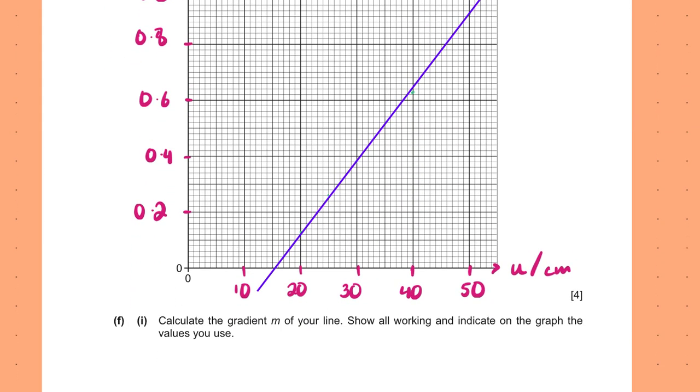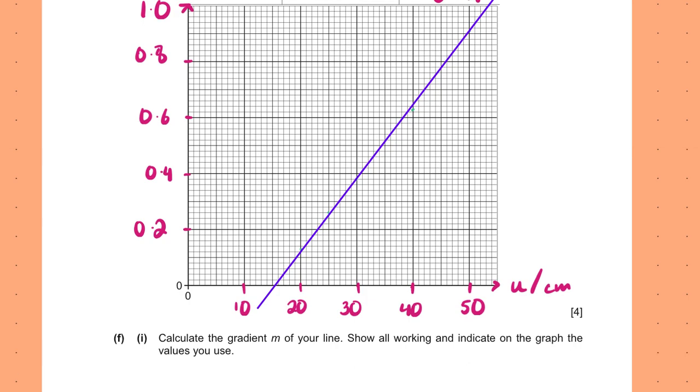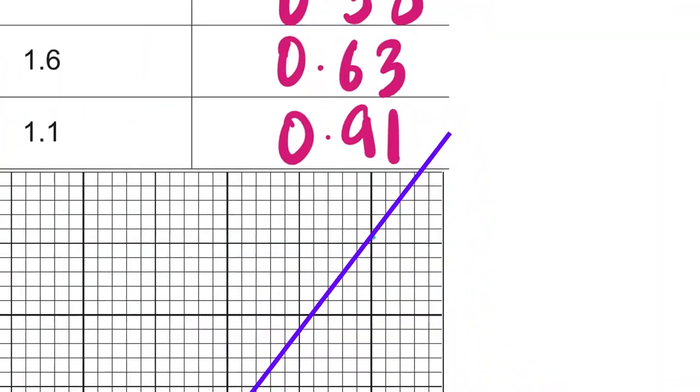Calculate the gradient of the line, show all your working and indicate what graph values you use. So one of these, let's take it to be this point right here, which looks like what? So it's not quite 15, it's more like 15 and a half. So this point is 15 and a half comma 0. Another point, let's take this one closer to the top.